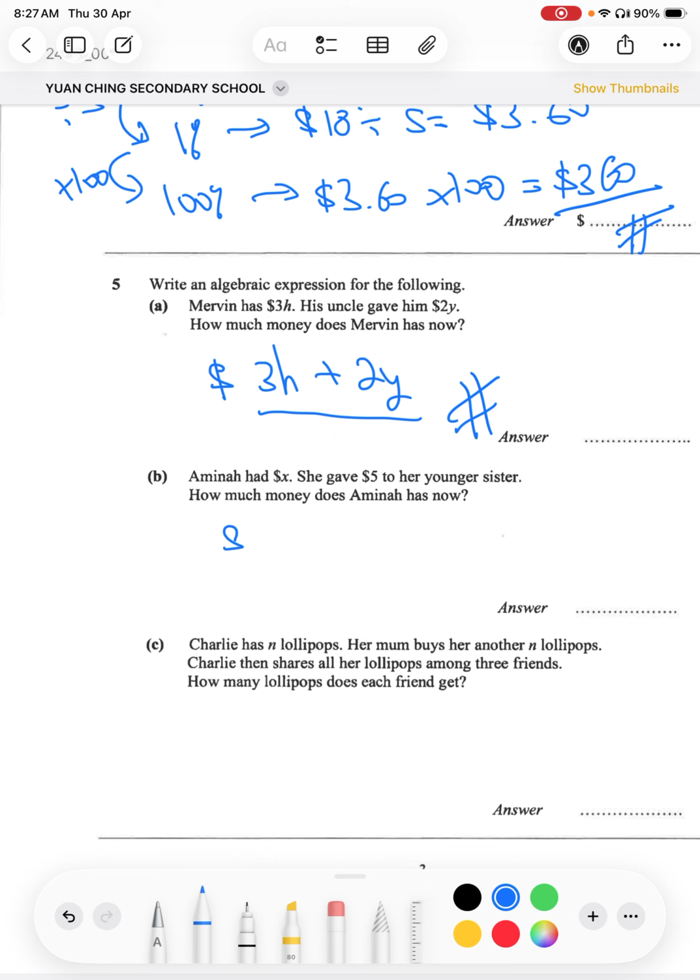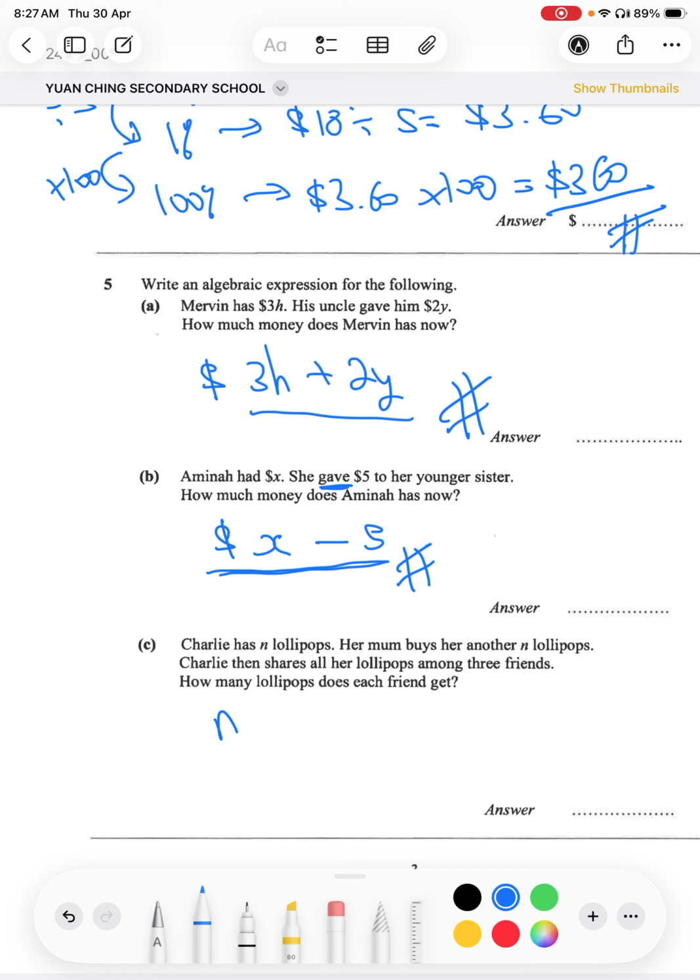Amina has x dollars. She gave $5 to her younger sister. So she has x minus $5. Charlie has n lollipops. Her mother gave her another n lollipops. Now she has 2n lollipops. She shared the lollipops among 3 friends. 2n divided by 3.